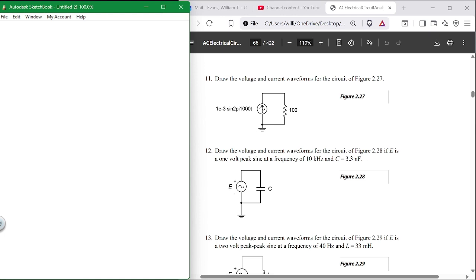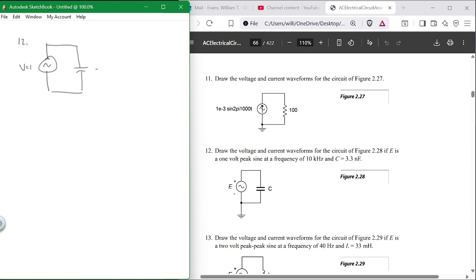So let's look at that one for a minute, because that is kind of a different one, and we'll be done here in a minute. Okay, so number 12, we've got a voltage supply, 1 volt peak, and then we've got just a capacitor, nothing else.